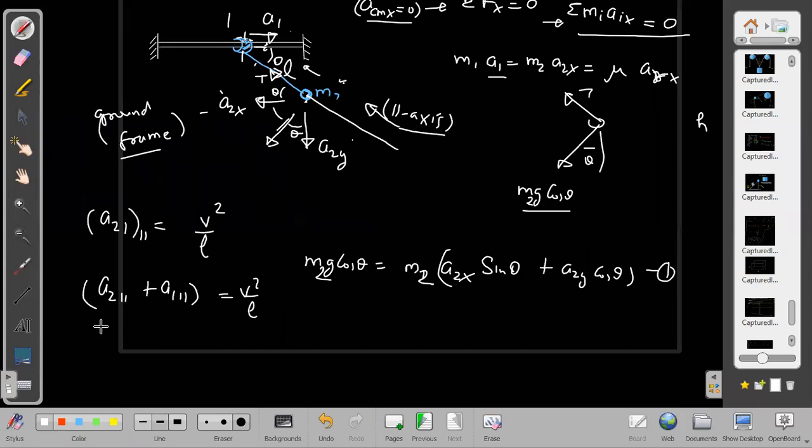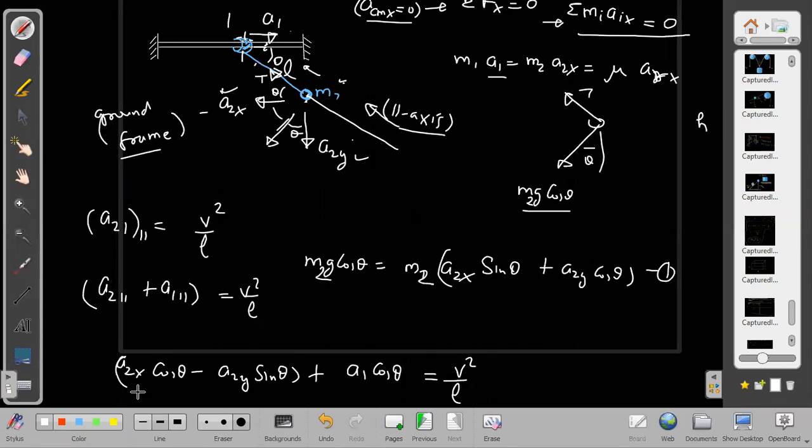A2 parallel, because of A2x and A2y, becomes A2x cos theta minus A2y sin theta, plus A1 parallel, which is just A1 cos theta, equal to v square by L.